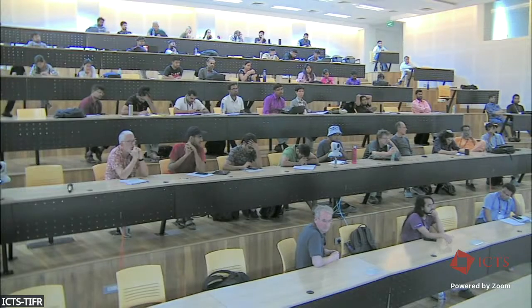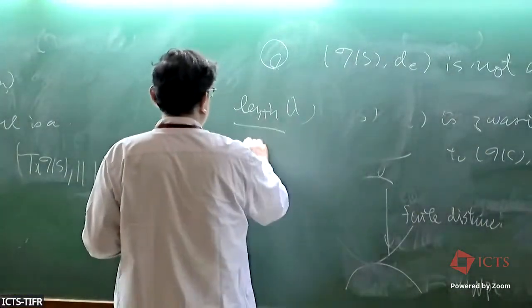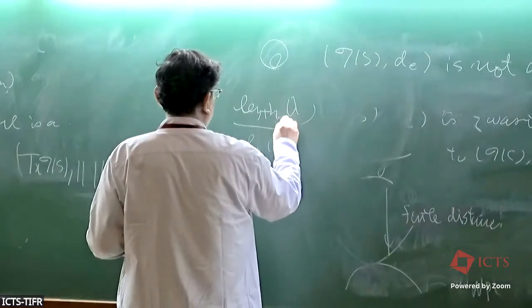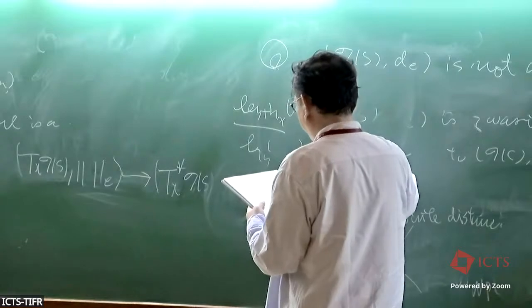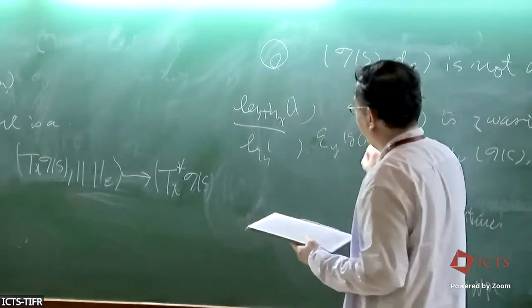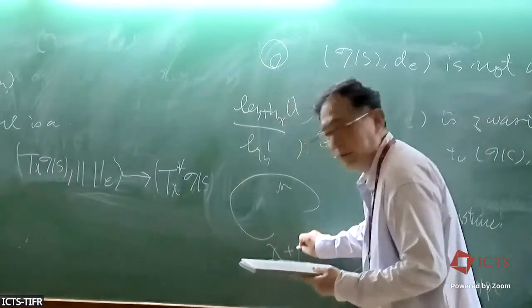It's because the length is, so if you have length g of lambda, the x, y times e_y g lambda or something like that. You have this one for mu, and for lambda plus mu.